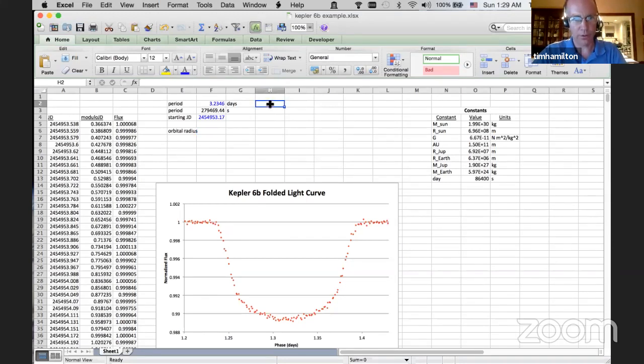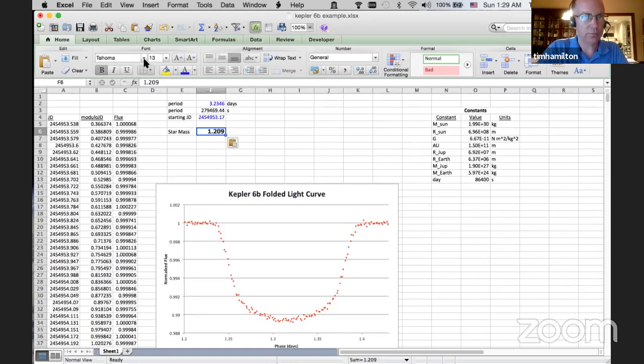Okay, so let's put here star mass. I paste that number. I don't need it to be bold-faced. And this is in multiples of the mass of the sun. And that underscore means that everything to the right is a subscript. To tell you the truth, you can actually do that in Excel, but I'm not going to bother here.